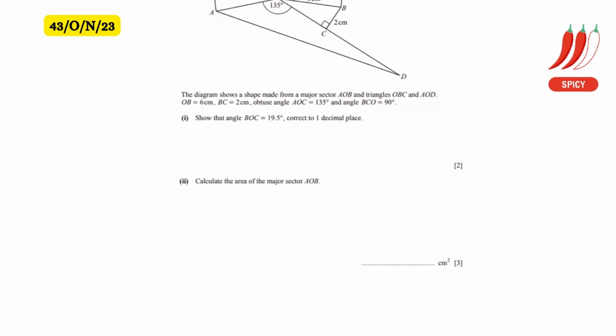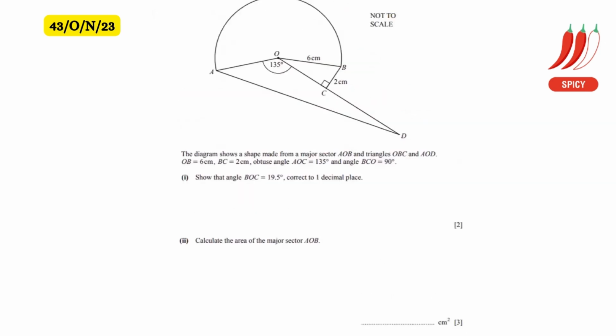Then it says calculate the area of the major sector AOB. So for the area of the major sector AOB, we need to find this angle first. If this is 19.5, angle AOB is going to be 360 minus 135 minus 19.5, and that equals 205.5 degrees.